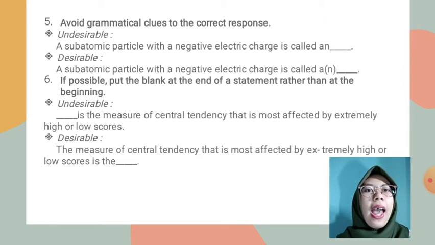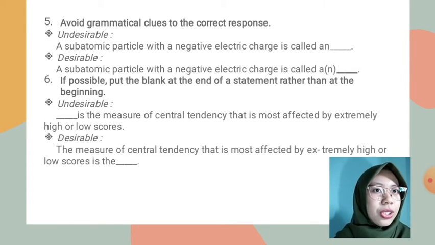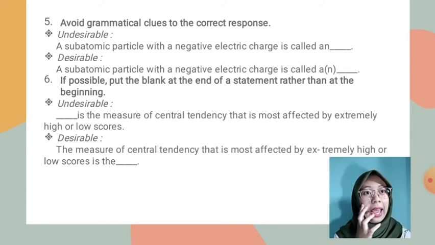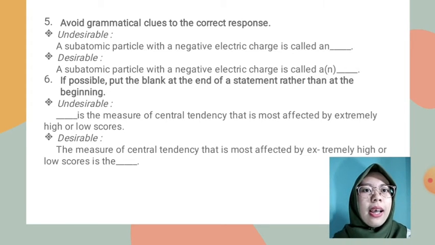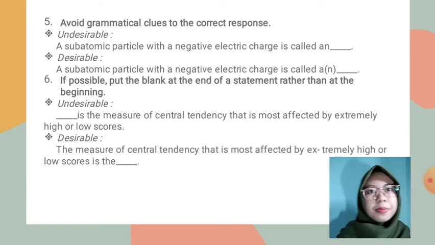The undesirable is: a subatomic particle with a negative electric charge is called an blah blah. And the desirable is: a subatomic particle with a negative electric charge is called a or an.